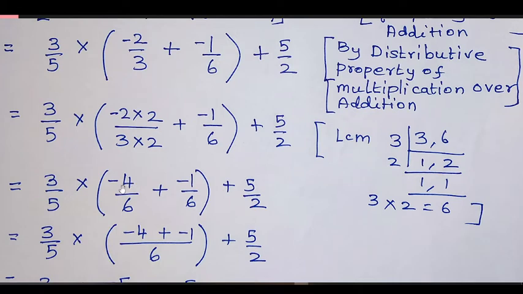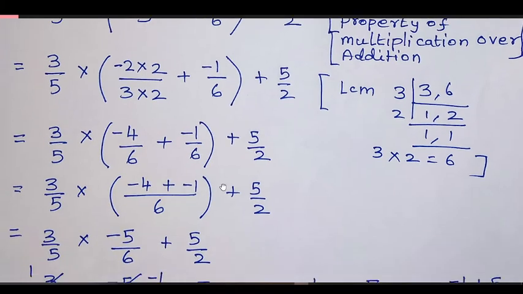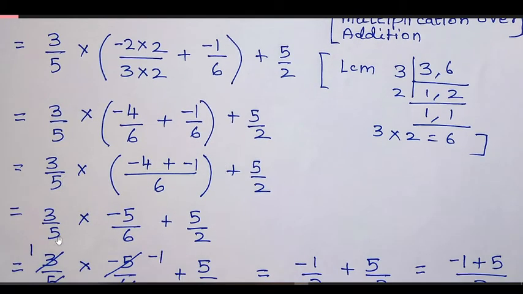So since this is like this, I can take a common 6. Okay, denominator is common, so I can add the numerators very well. Minus 4 plus minus 1, which is nothing but minus 5. So what I have here is 3 by 5 already. This one I get minus 5 by 6 plus 5 by 2.